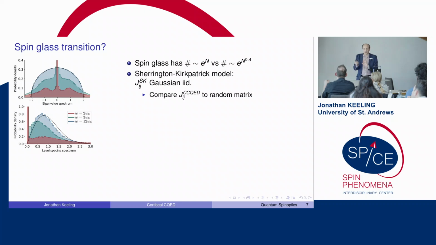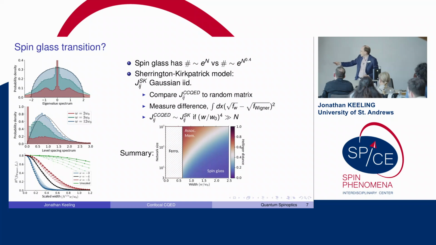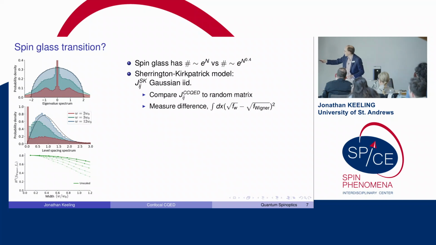You can make this a bit more quantitative by saying, let me measure the difference between the distribution of eigenvalues for this matrix and the distribution of eigenvalues for a random matrix. And if you do that, then you get this kind of graph down here of how that measure varies as you increase the width.